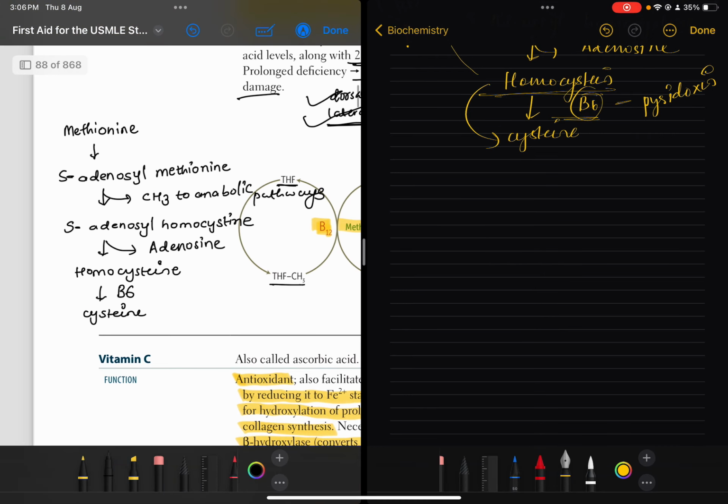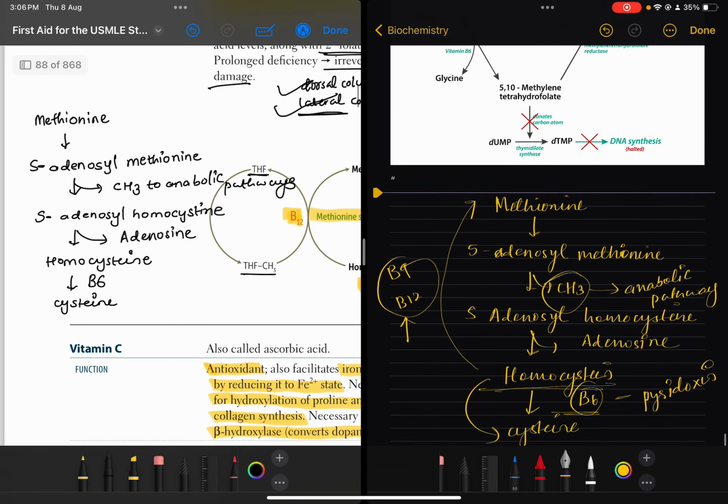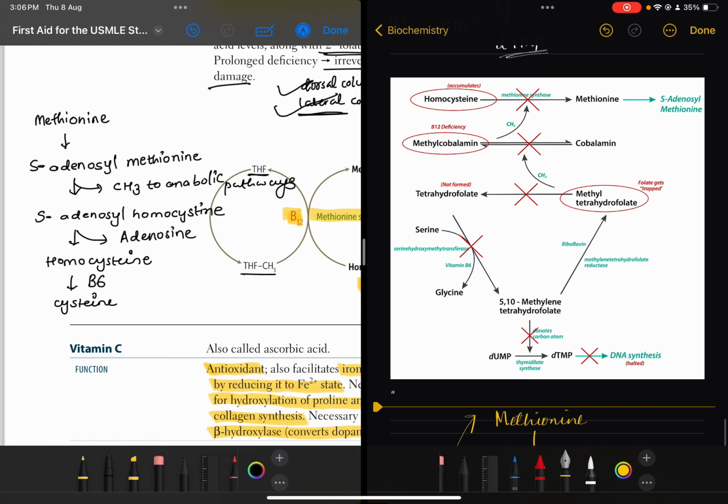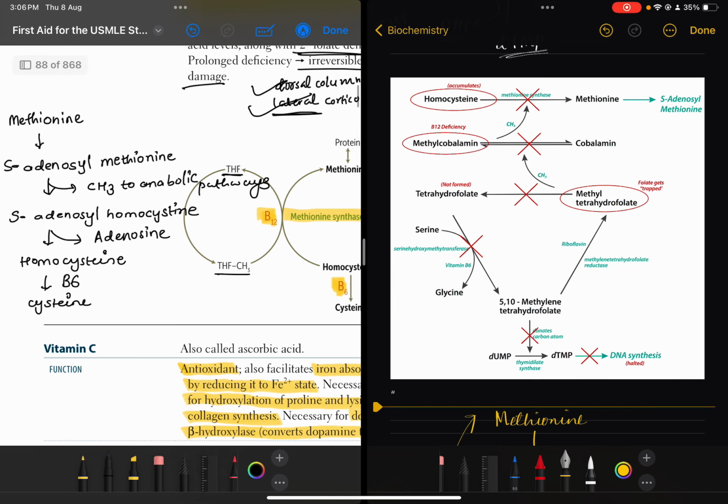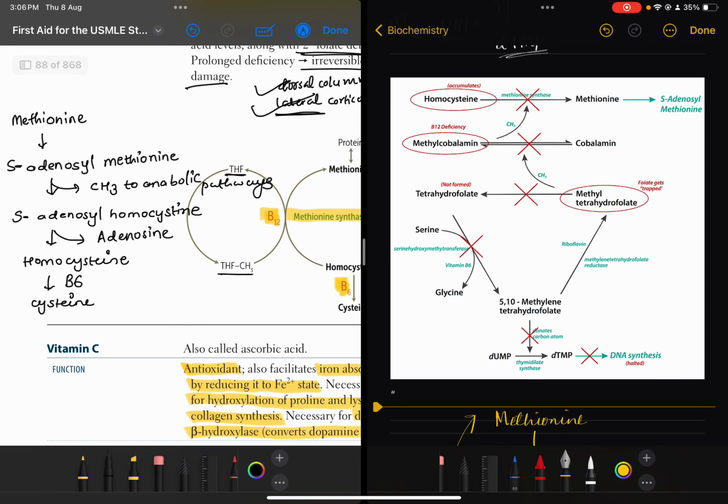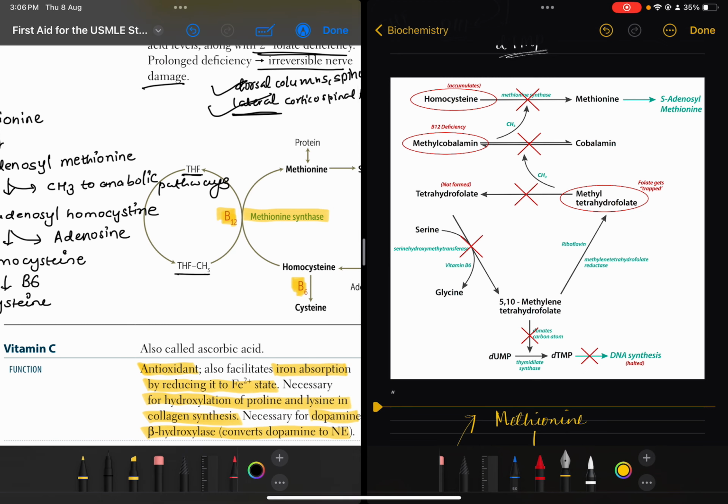So what will happen here? This homocysteine has to convert into methionine by the enzyme methionine synthase. B12 and B9 both will be useful here. How?